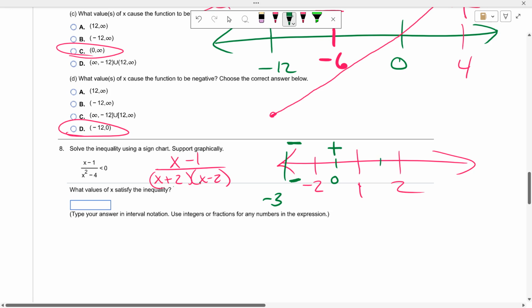In between these two is 1.5. 1.5 makes this positive up here, makes this positive here, and negative here. A positive over a negative is a negative. And after 2 is like 4, positive, positive, positive, which is a positive. So the graph goes like this. It's negative, negative again, and up.